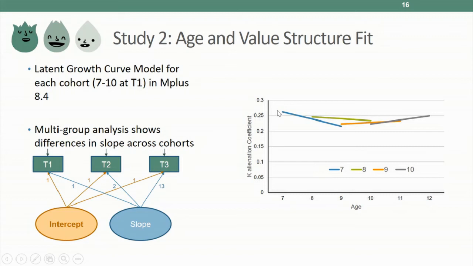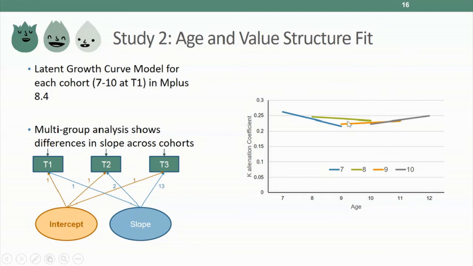And you can see here a very clear replication of what we had before in our previous studies. So the youngest cohort decreased over time in their alienation coefficient. That means that they improved in their fit to the structure. The structure was describing them better at older ages.